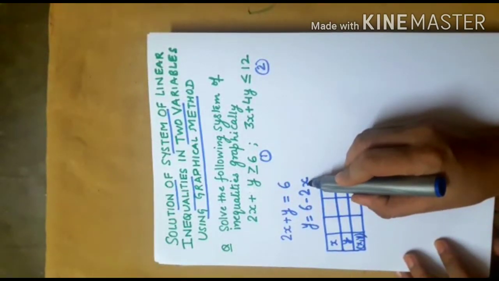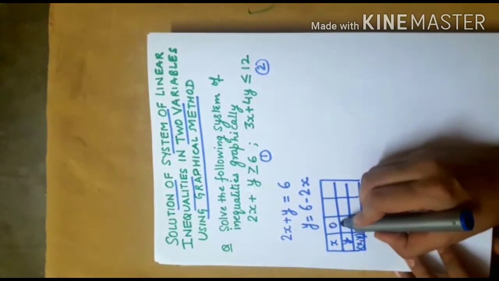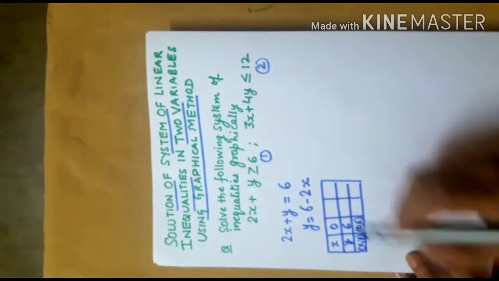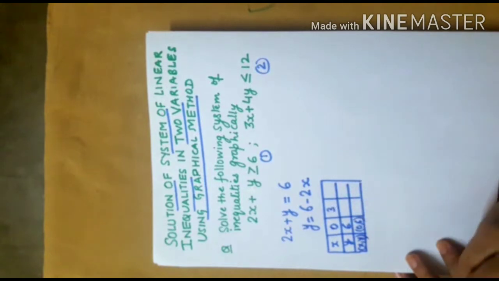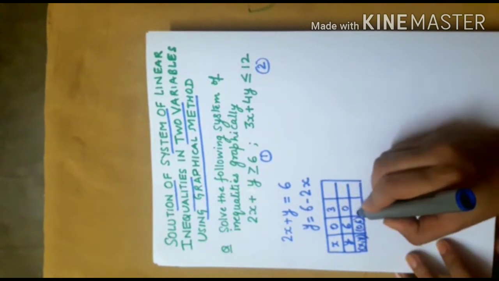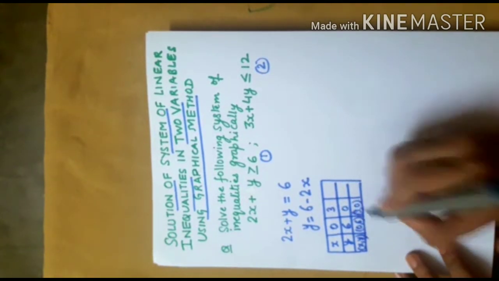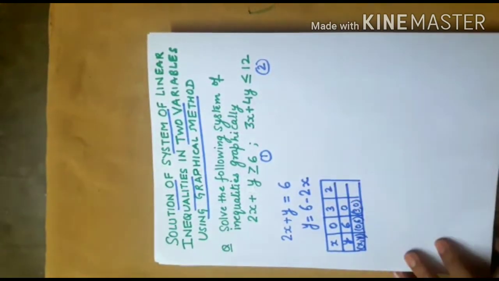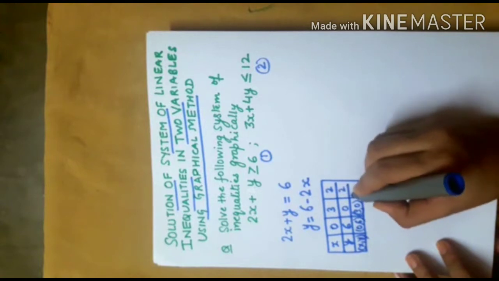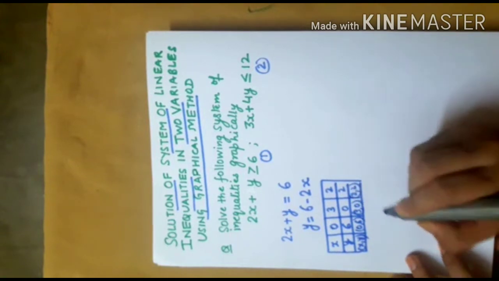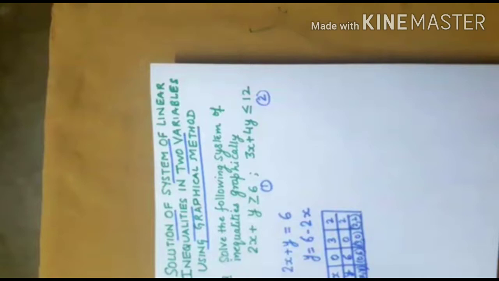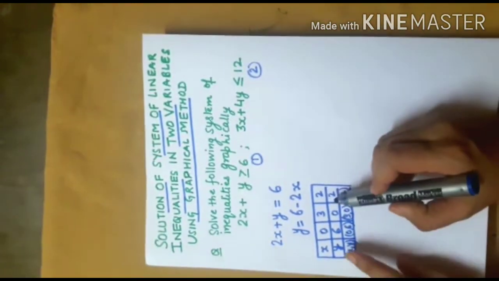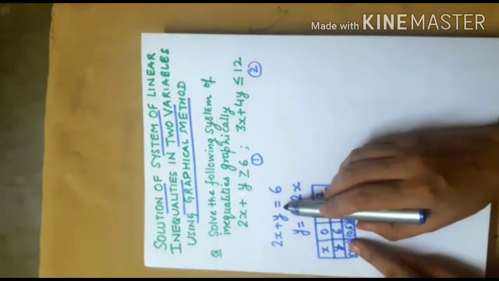When I put x equal to 0, I'll get y as 6, so the first ordered pair will be 0 comma 6. If I put x as 3, y will be 0, so I'll get 3 comma 0. When I put x as 2, I'll get y as 2, so the ordered pair will be 2 comma 2. So we have obtained three solutions of this equation.